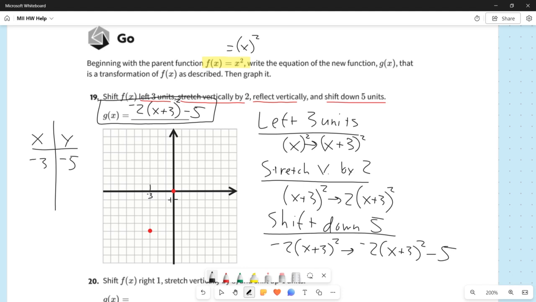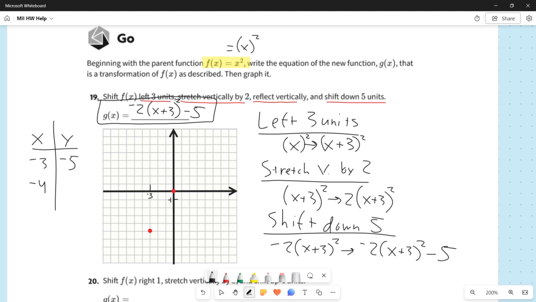So in order to finish out this problem, we could start moving other points from the parent function as well. But now that we've started getting this table, I think it's going to be easiest if we just get a few more points and then call it a day. So if we go to the left, we're going to be at -4.